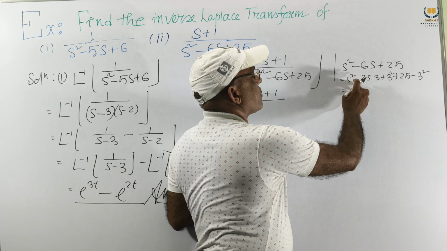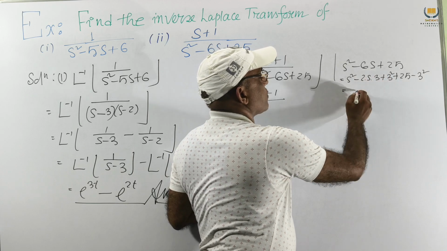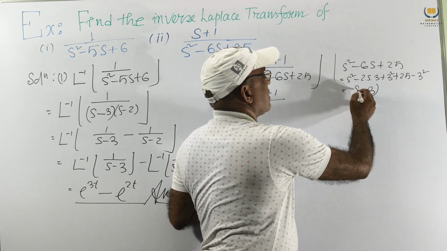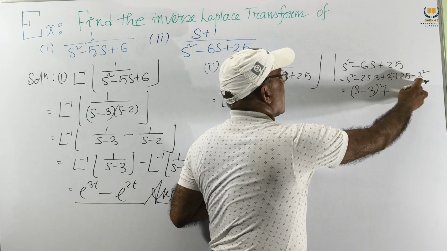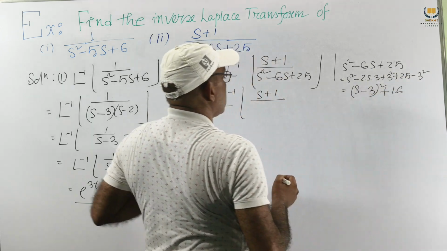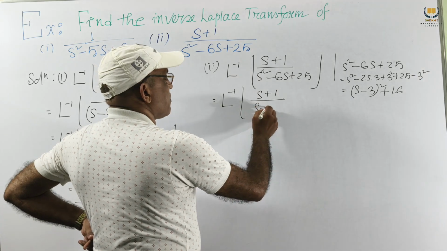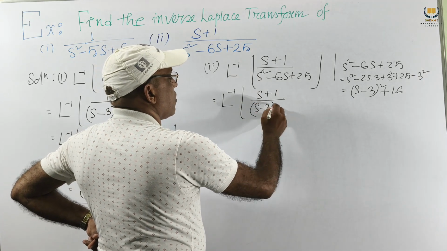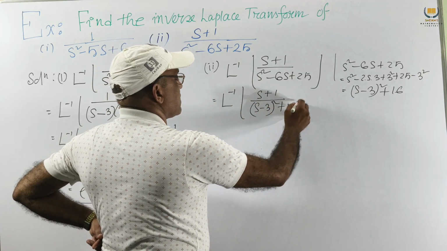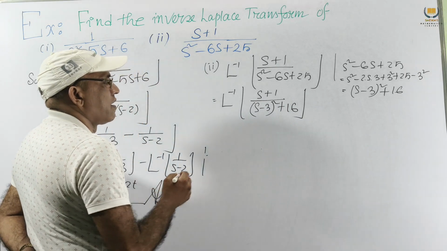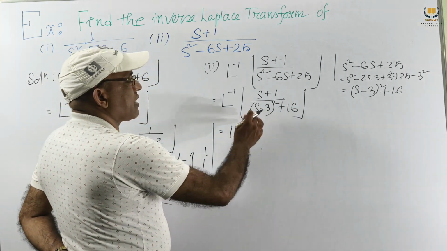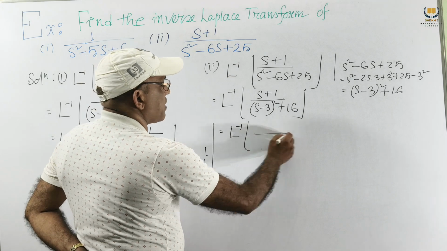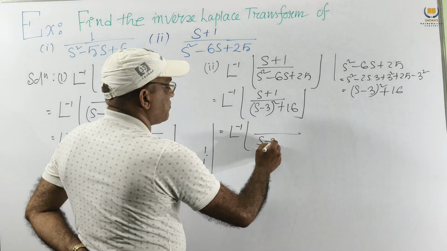This is a square minus twice ab plus b square, which is a minus b whole square, and 25 minus 9 is 16. So we get s minus 3 whole square plus 16, but in the denominator we have s minus 3 and the numerator is s plus 1.